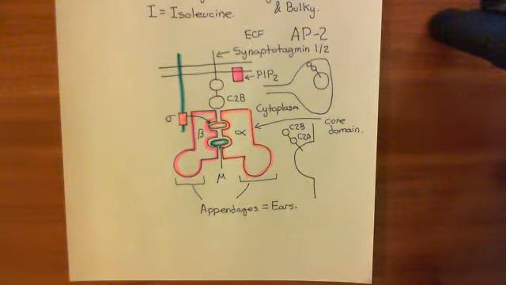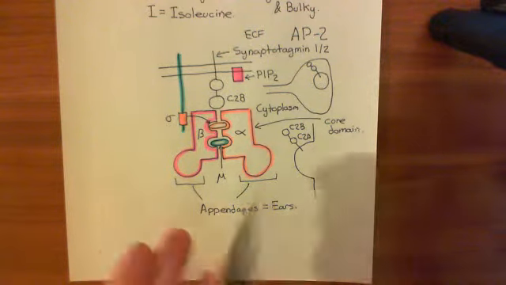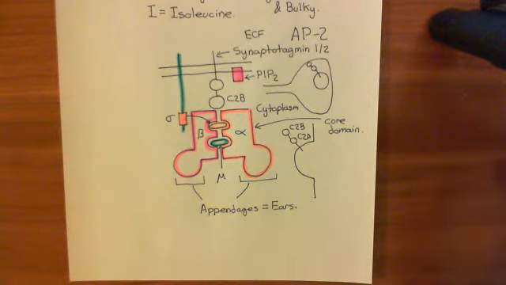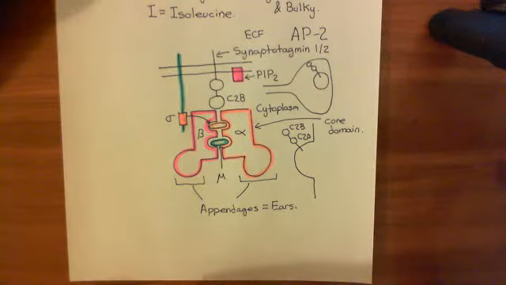Okay, we now want to discuss the recruitment of the protein clathrin to this complex, which is the protein that's actually going to cause the endocytosis, or at least the production of a vesicle bud on the membrane. Okay, so let's discuss the protein clathrin then.